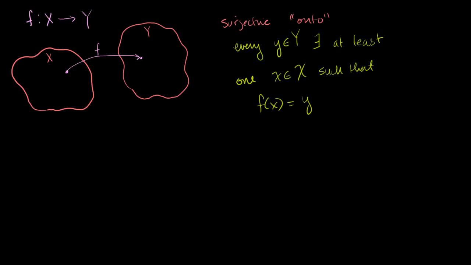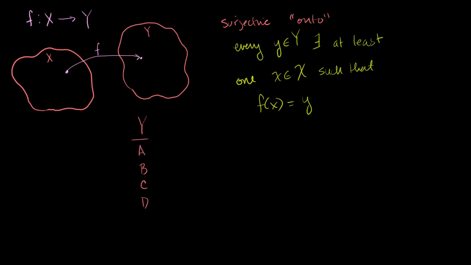So for example, let me draw a simpler example. Instead of drawing these blurbs, let's say that I have a set y that literally looks like this. Let's say it has 4 elements. It has the elements a, b, c, and d. This is my set y right there.